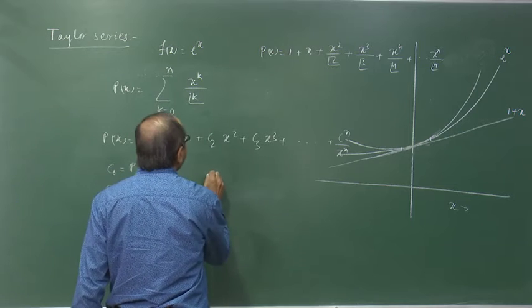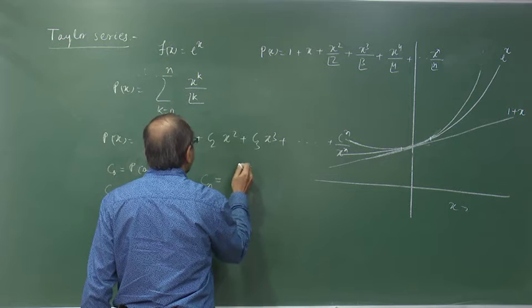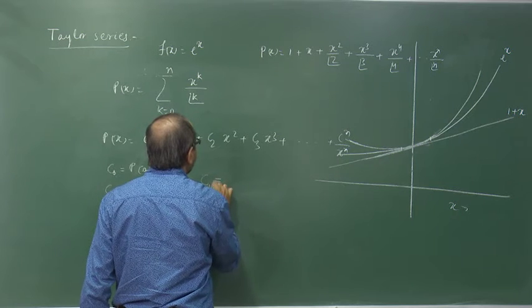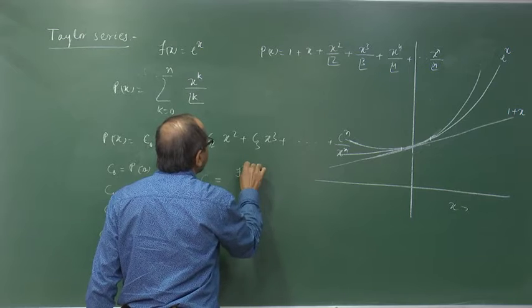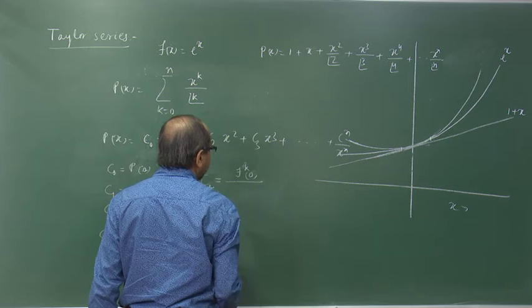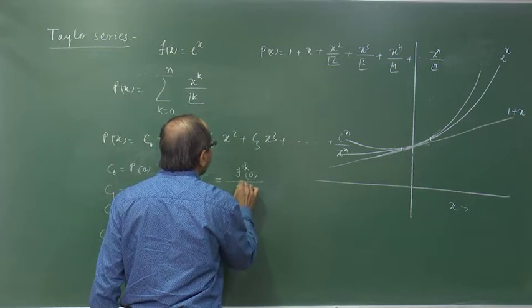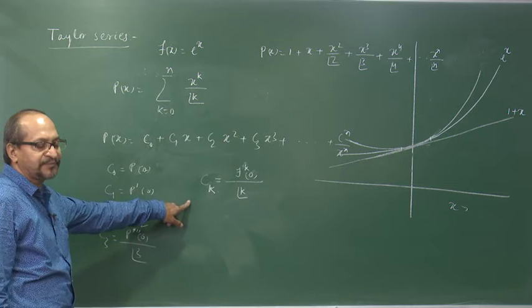So, in general, the kth coefficient will be the kth derivative of f of x at 0 divided by k factorial. So, it has to satisfy this condition.